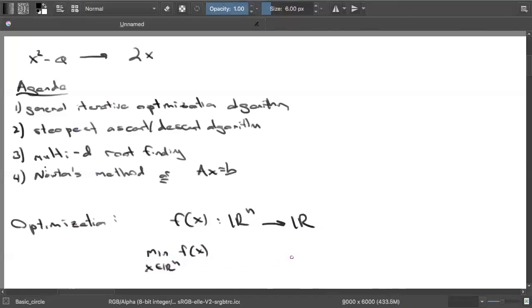But sometimes we want to maximize, and so let me just ask you, do we need to have 2 different theories of minimization theory and maximization theory? Why are the 2 equivalent? If you know how to minimize a function and I ask you to maximize, what would you do? Do the opposite.